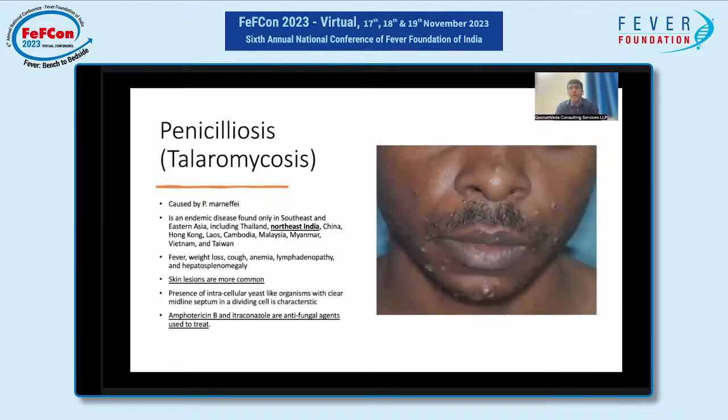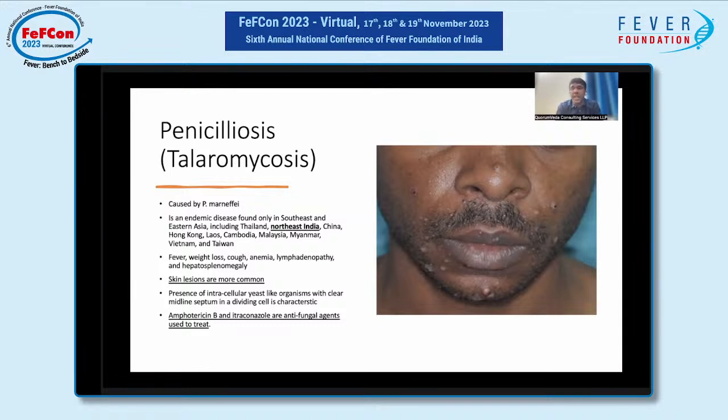Penicilliosis, nowadays we call it talaromycosis, caused by a fungus called Penicillium marneffei or Talaromyces marneffei. It's an endemic disease seen in Southeast and Eastern Asia: Thailand, Northeast India, China, Cambodia, Myanmar, Taiwan. Fever, weight loss, cough, lymphadenopathy, hepatosplenomegaly.